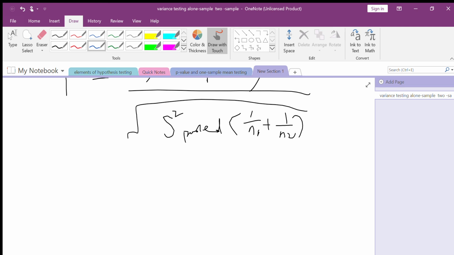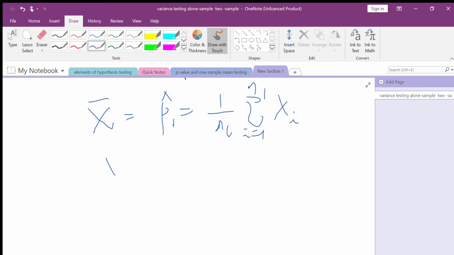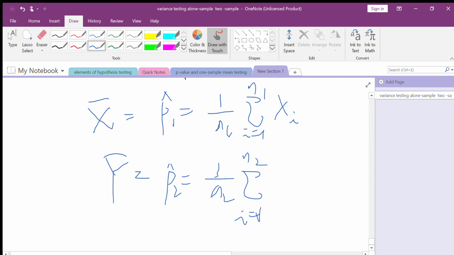In this case, x bar we denote as p1 hat, because it is defined as 1 over n1 times the summation over i from 1 to n1 of Xi, and y bar we denote as p2 hat, 1 over n2 times the summation over i from 1 to n2 of Yi.